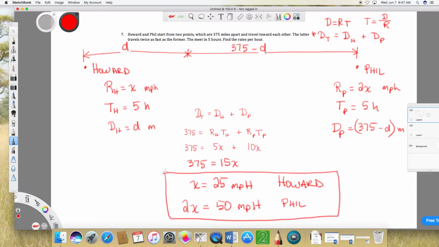So it turned out that I didn't even use this d and this 375 minus d, but I very well could have. Let's see, how would I have done that?